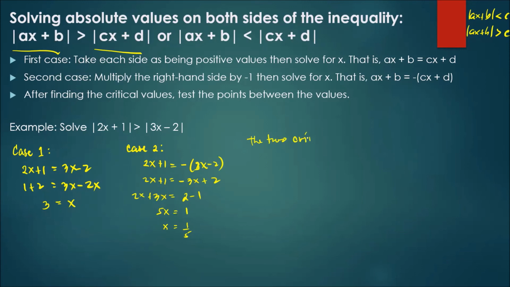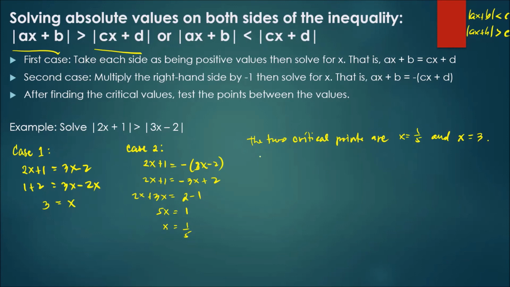So the two critical points are x is equal to 1/5 and x is equal to 3.